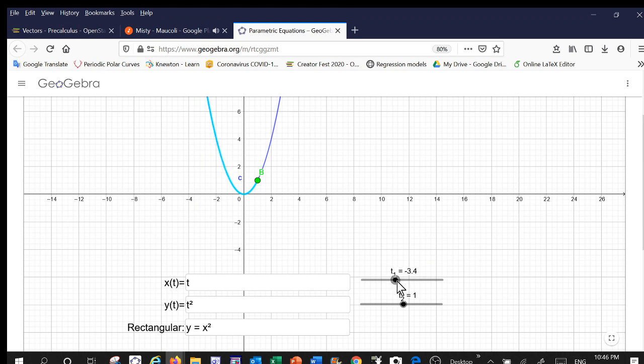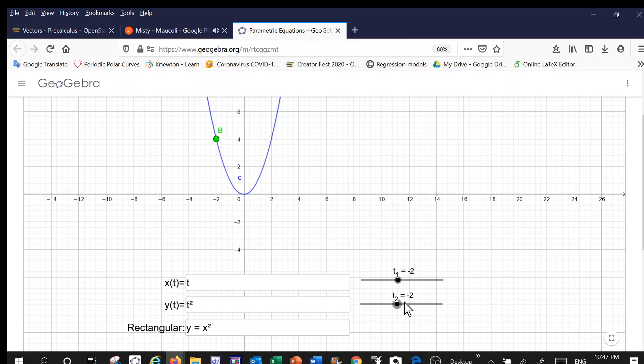Notice that here is t, where I start. I start from some number, let's say -2, and then I'm going to change t. Obviously when I'm at -2 there is just one point.